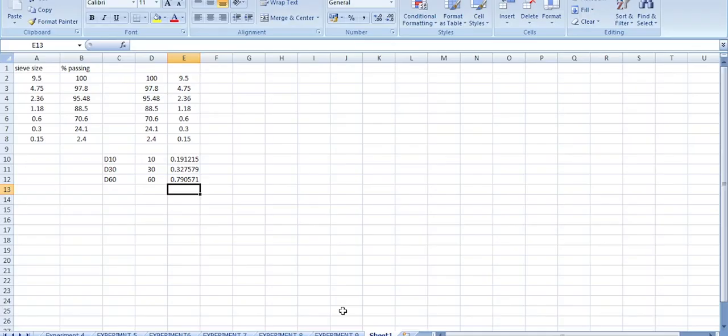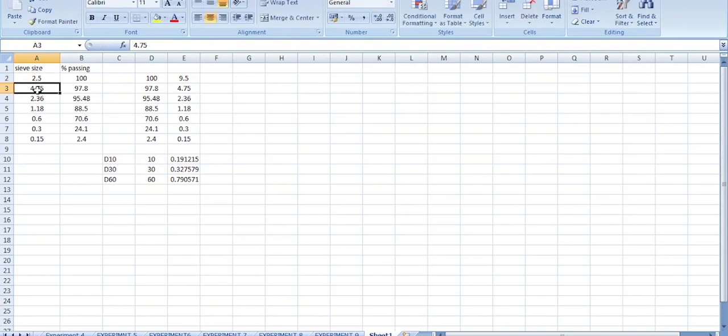So once you have done this, the system automatically gives you your D60, your D30, and your D10. So anytime, any day, you fix values for your sieve analysis, automatically the value of your D10, D60, and D30 changes. So if we change these values now to, let's say, 2.5, let's see what will happen.